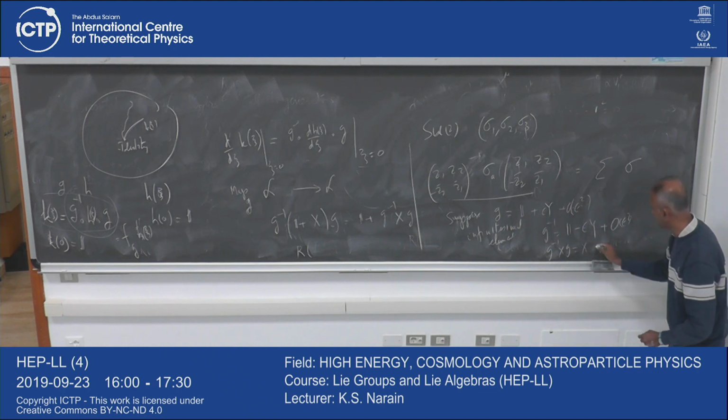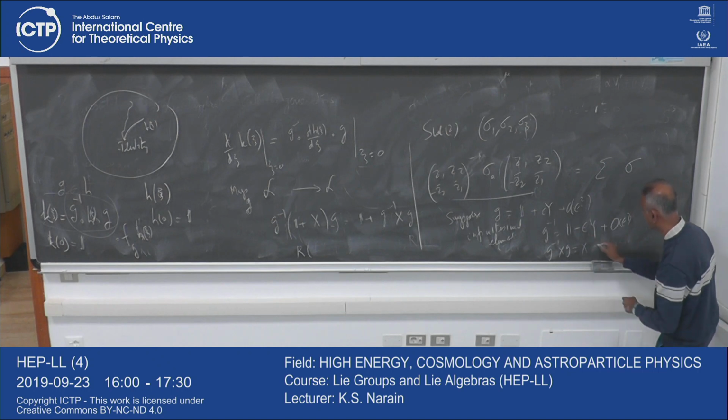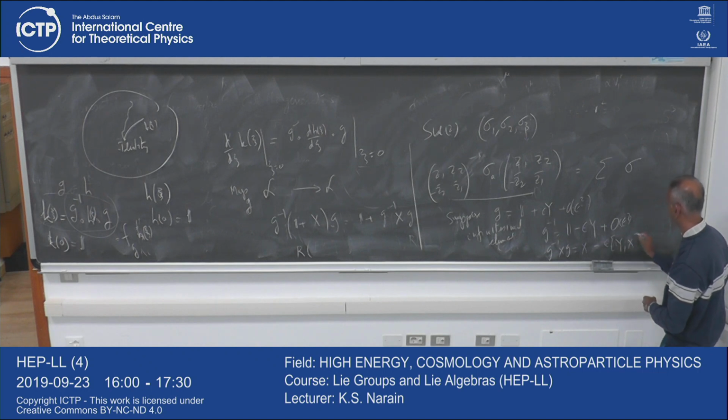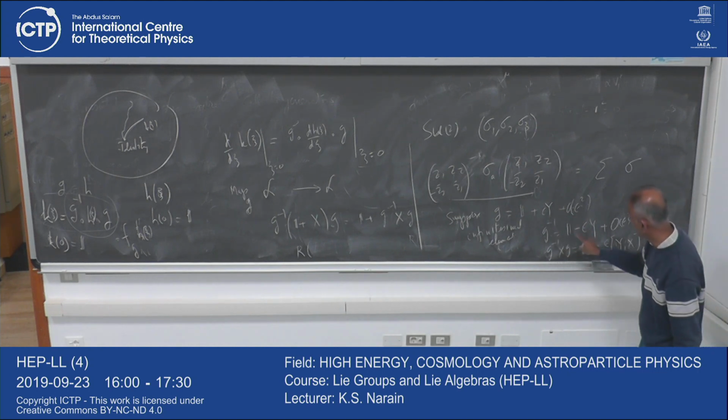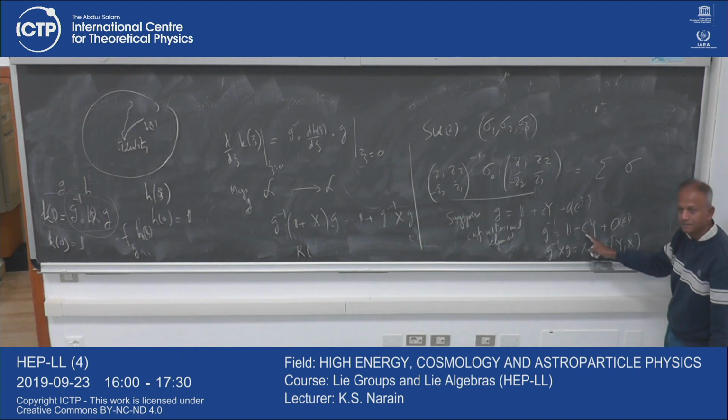Now look at the difference. What is the change in that? That change will come from, basically, minus the commutator of yx, minus because of the way I have defined it. You can just plug in G inverse here and G there, and collect the order epsilon term.